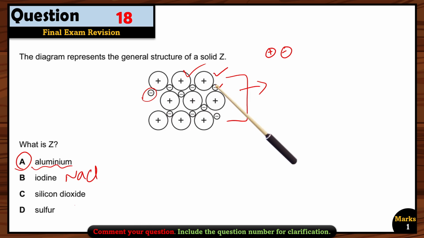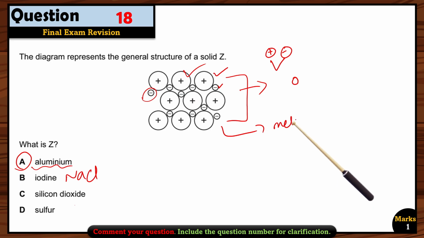So the trick is that in ionic compounds the difference between the size of the positive and negative ions will not be so large as you can see in this picture. Electrons are very small charged particles. So usually in the exam, if they give you a metallic structure, the negative charge will be too small compared to the positive ions.